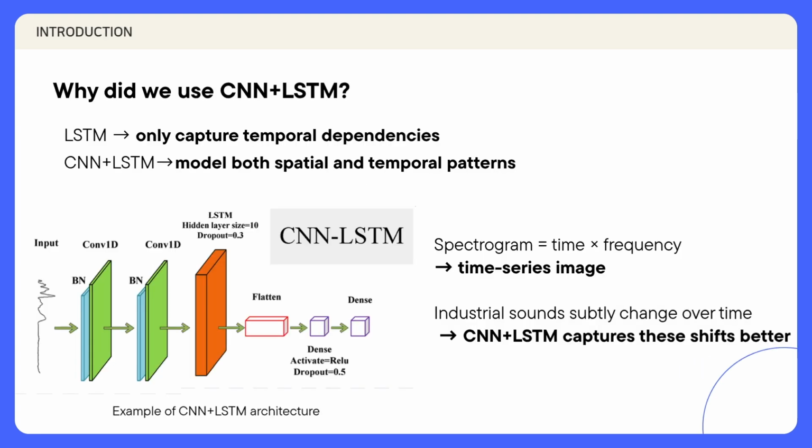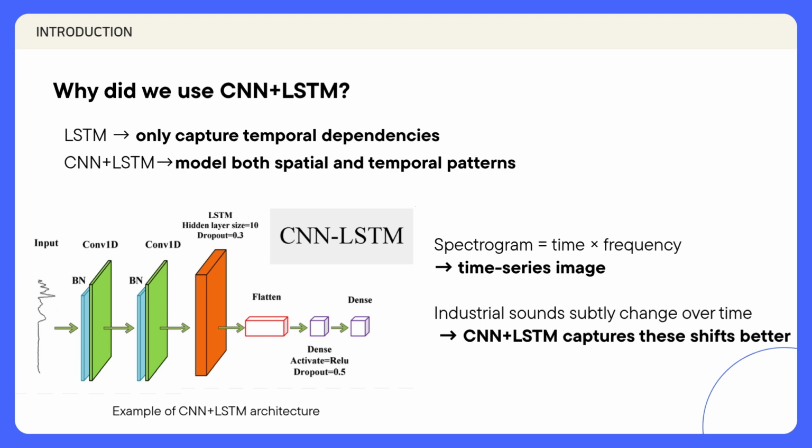Here is why we chose the CNN LSTM architecture instead of a plain LSTM. When using only LSTM, it can capture merely the temporal variations in the time series data, making it difficult to distinguish the characteristics of each frequency band on its own.